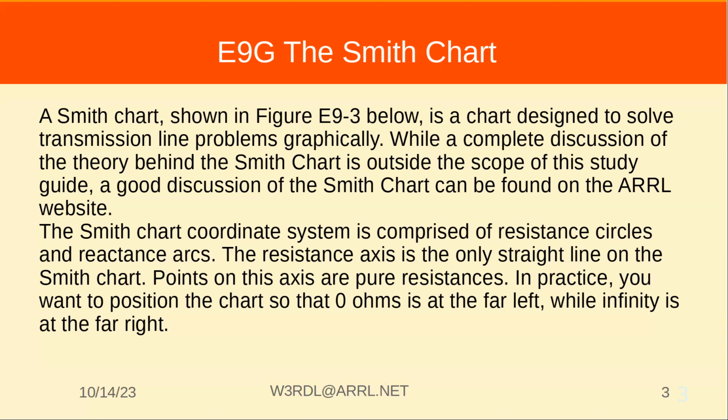The center is what they call the prime point, which is 1. Because you normalize, this isn't in ohms, it's normalized. So if you want to do it for a 50 ohm system, whatever reactances you have that you've measured that you want to plot, you divide by your characteristic impedance. So if you were in 50 ohms, you divide everything by 50. So 50 ohms turns out to be 1 right in the center of the Smith chart.